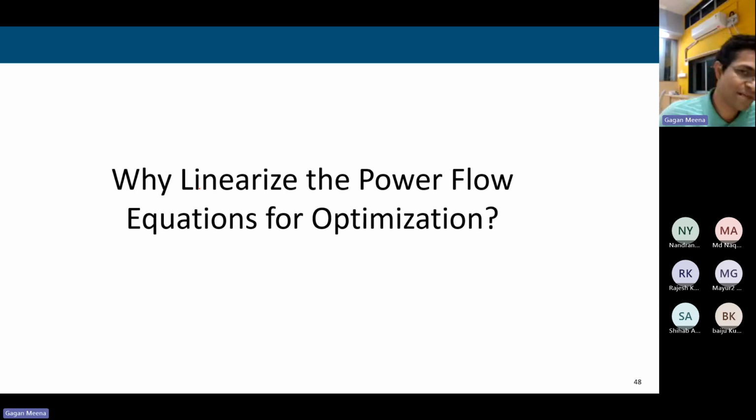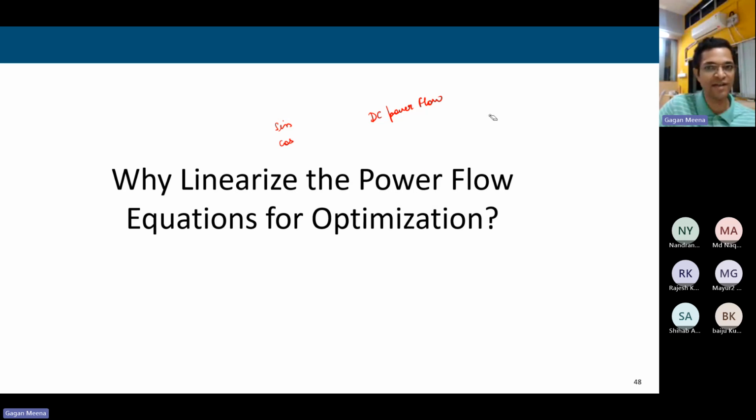In distribution systems, the power flow equations, even in transmission systems, power flow equations are not linear. We have sine and cosine terms, right? But for transmission systems, we have one kind of power flow model, which is DC power flow, where we make certain assumptions and then we finally get a linear equation, a linear model.